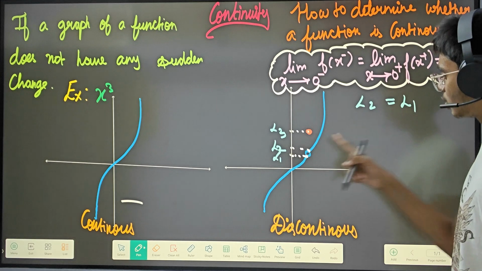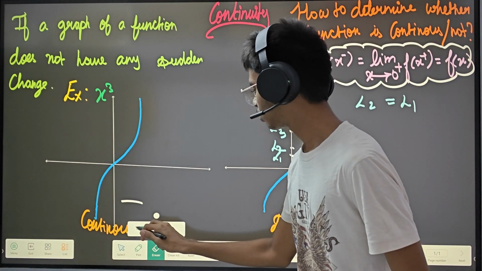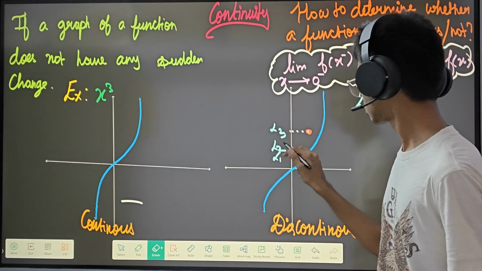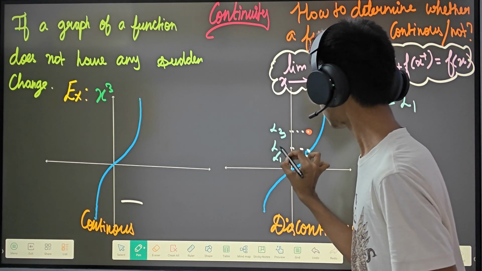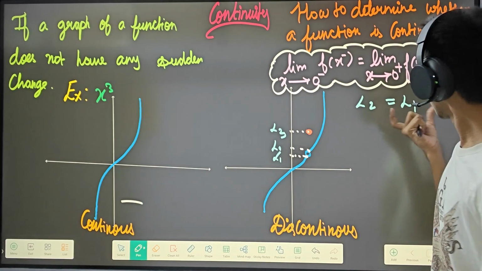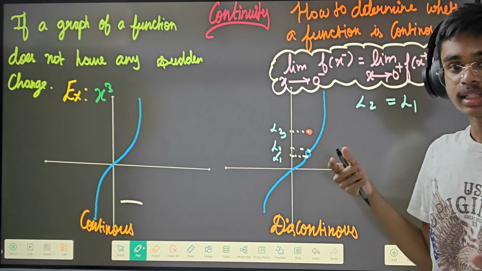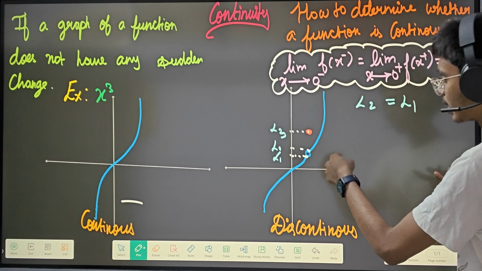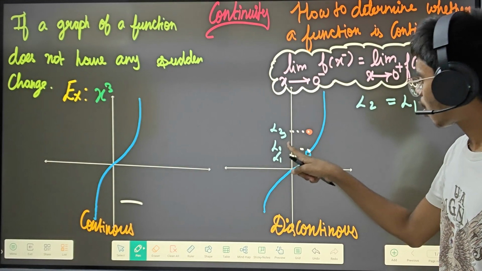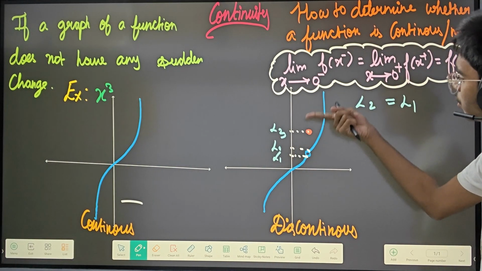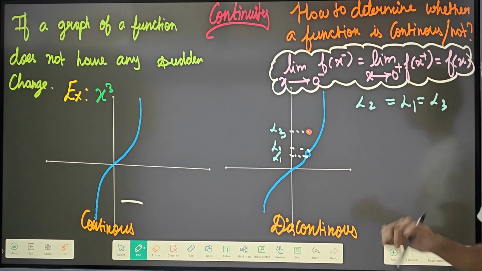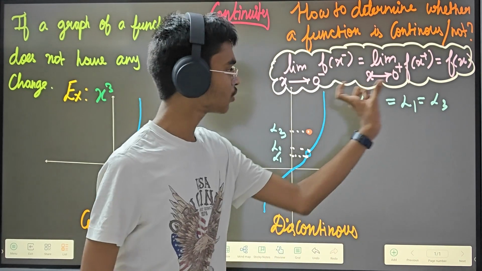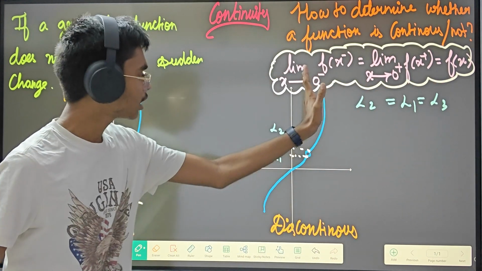Okay, so I'm going to rewrite the name now. So now this is going to be L1. Now actually this is L1 and this is also L1. If the value of L1 is equal to L3, that means for these values L3 is also the same.